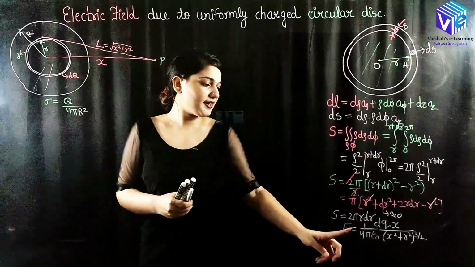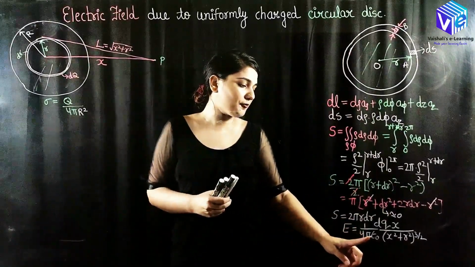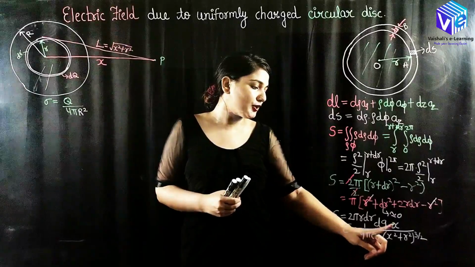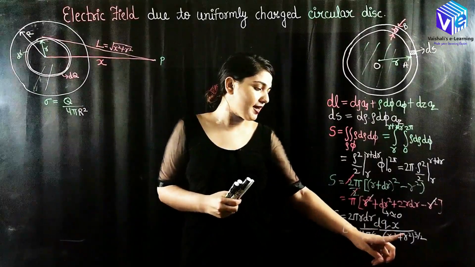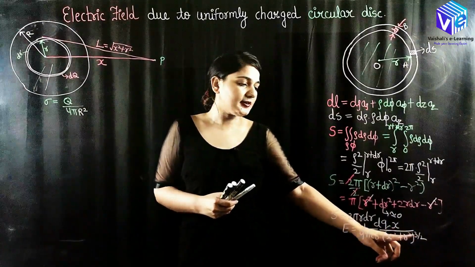The electric field was given by 1 upon 4 pi epsilon naught, dq into x upon (x square plus r square) raised to 3 by 2.